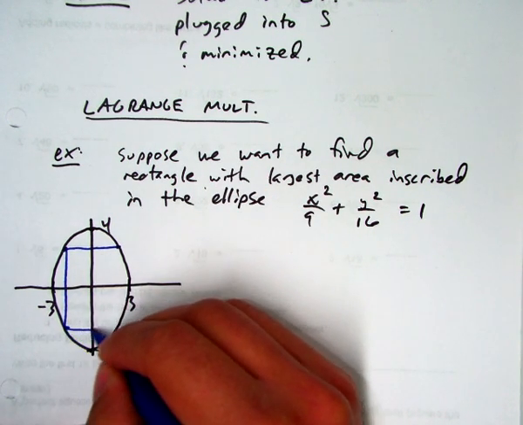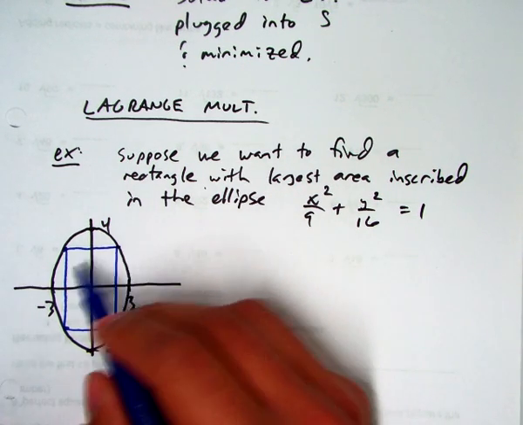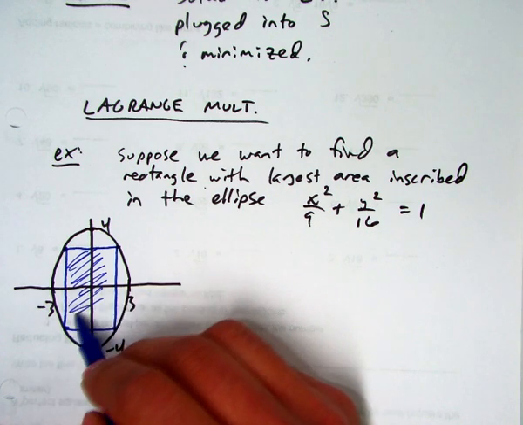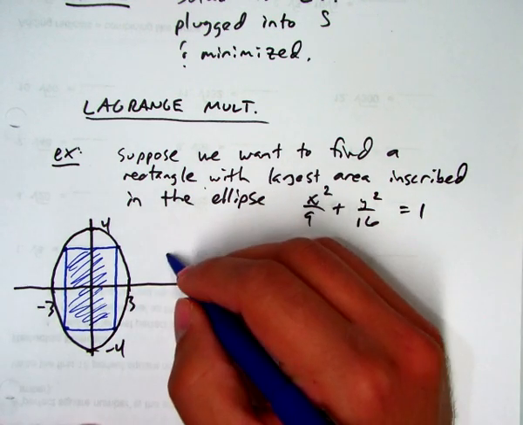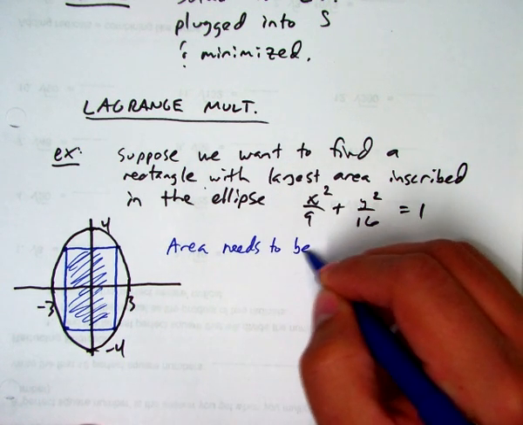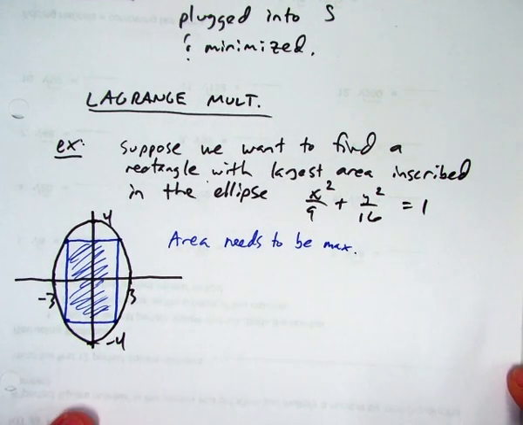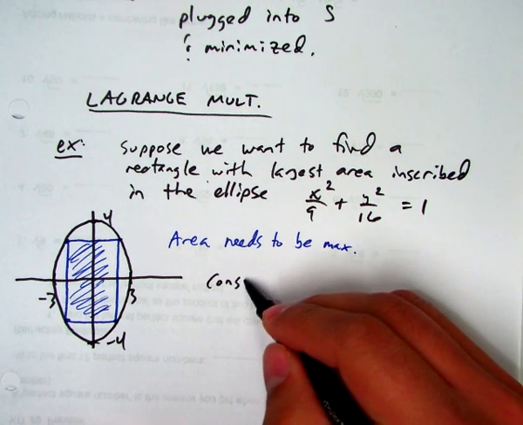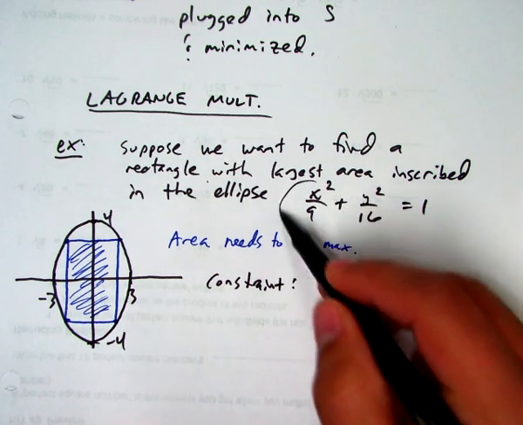So what we're looking for is this. We're trying to find a rectangle that we can inscribe in the ellipse so that the area needs to be a max. Okay. So the constraint is actually this function here.